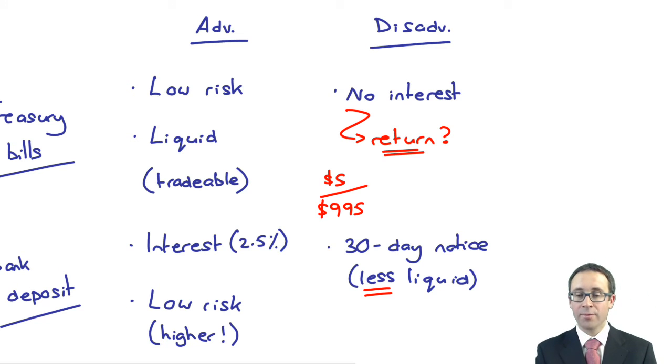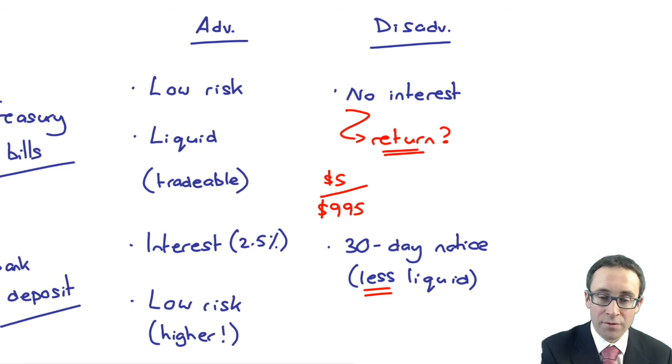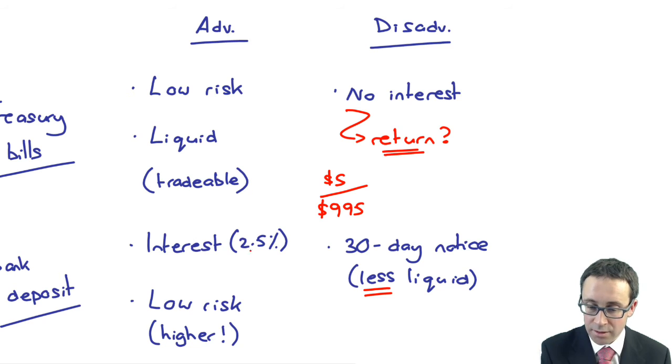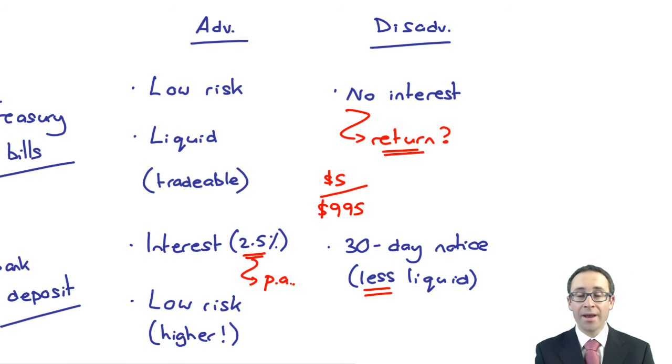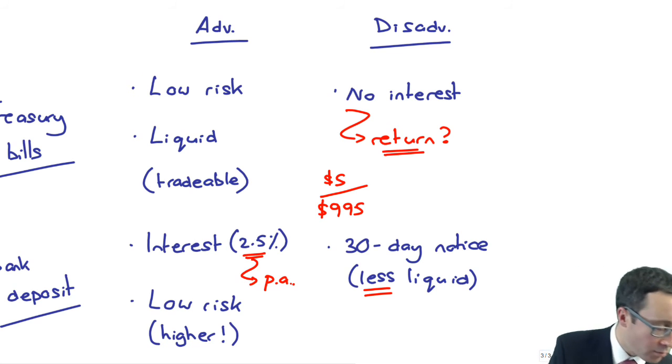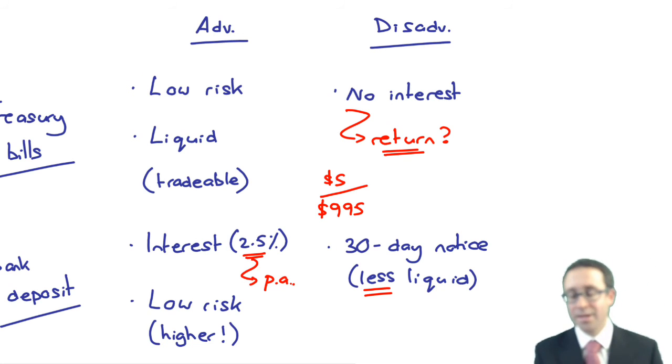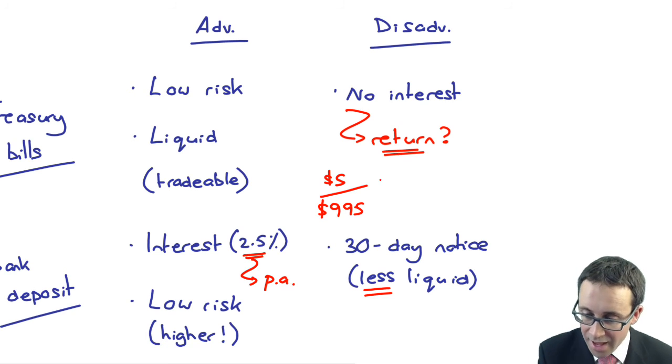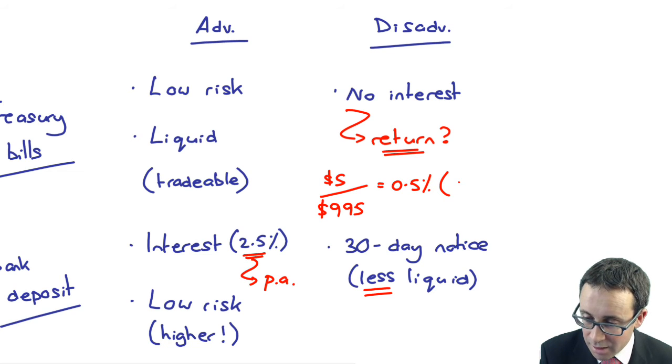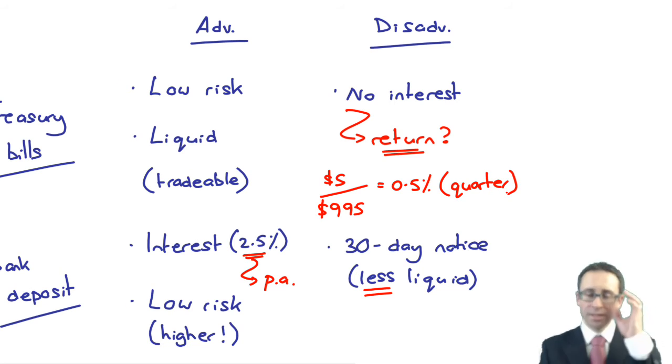Okay, there we go. Key bit that you've got, if you wanted to equate the returns, you've got there 2.5% per annum. And then if you go through there and work it out based upon your 5 divided by 995, that equals 0.5%, but that there is per quarter, isn't it?